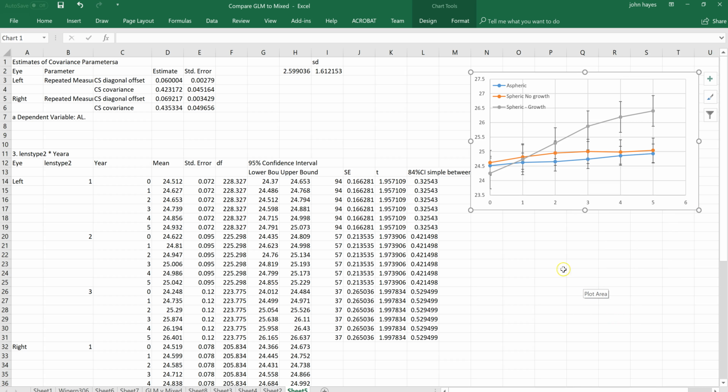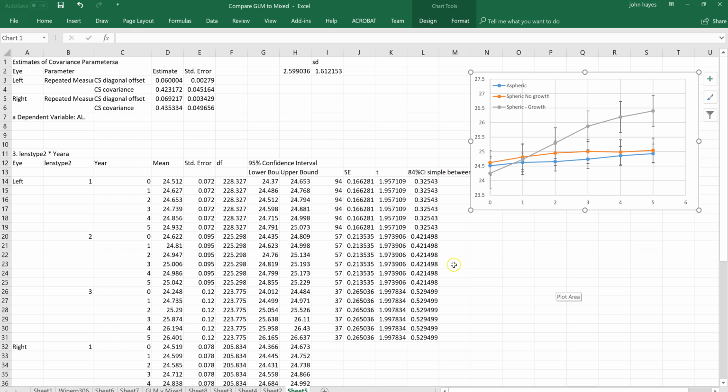There's our graph. This makes more sense because they start out, we've adjusted, so they start out similar, and then at least by the 4th year, everybody's different, or the growers are different from the others. The aspheric and spheric, some of those subjects are pretty much the same. We'll cover the differences between the spheric groups when we look at logistic regression.